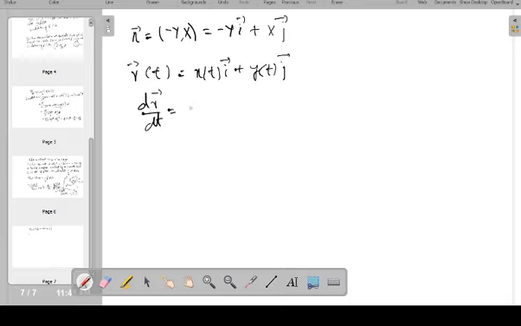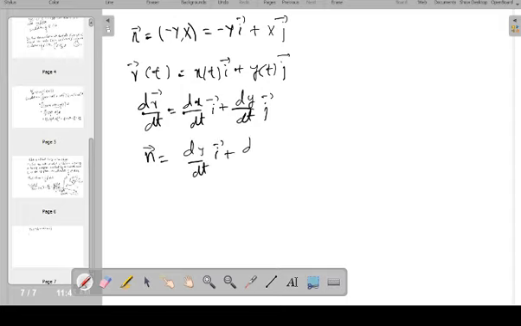Dr by dt is dx by dt vector i plus dy by dt vector j. So t is in the direction of dr by dt. You can easily get your n. First interchange these two coordinates, dy by dt vector i plus dx by dt vector j, then put a minus sign in the first place. This is your n.